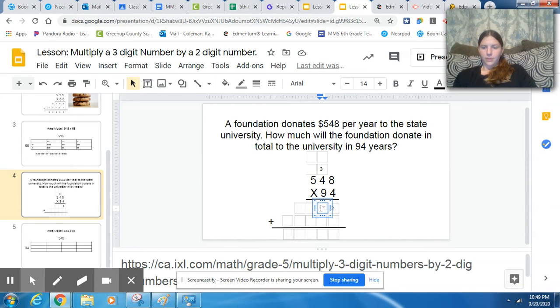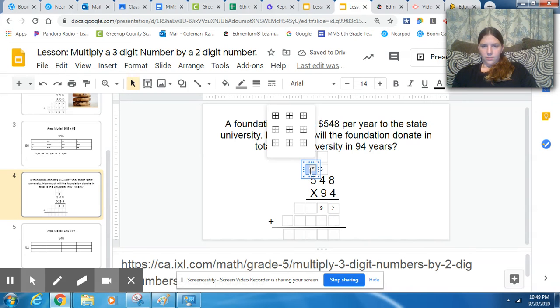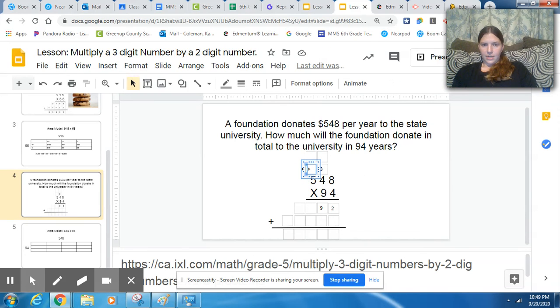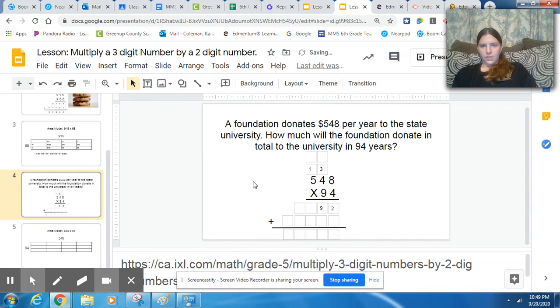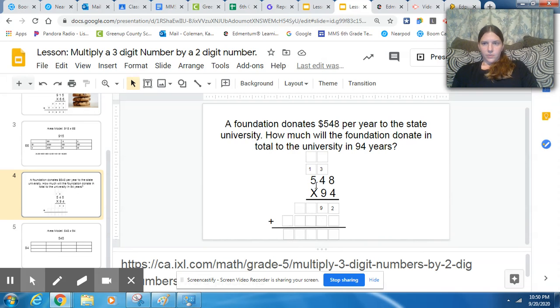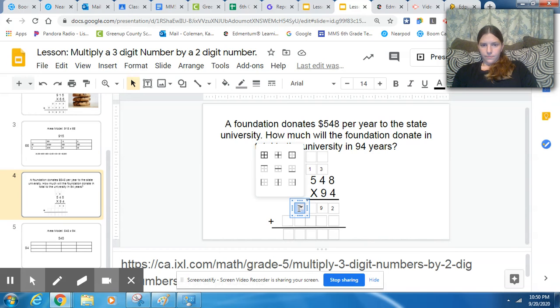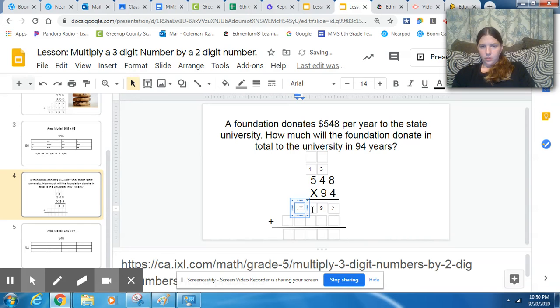I'm going to carry my 1 to the next place value. And this is the same way you're going to do this in your boom cards. Then I'm going to multiply my 4 by my hundreds place. 4 times 5 is 20, plus 1 is 21.